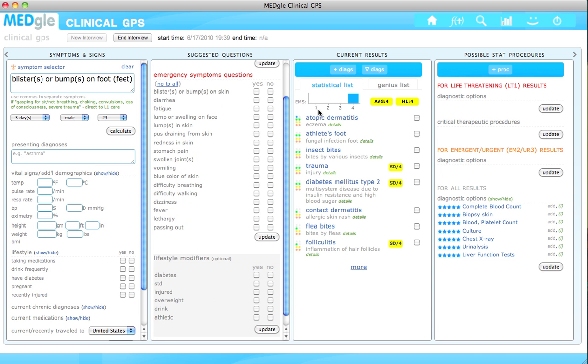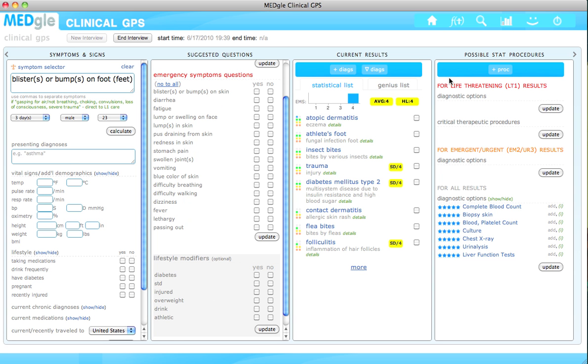Level 1 being life-threatening, level 2 being emergent, 3 being urgent, and 4 being same day. And then we have our average score, which looks at the probabilities, the likelihoods, the additional information, as well as the potential emergency levels, and comes out with an average level of 4. In this case, same day. And same thing for the high level. So we really don't have any major emergencies.